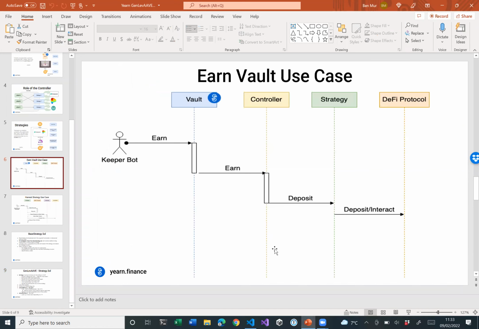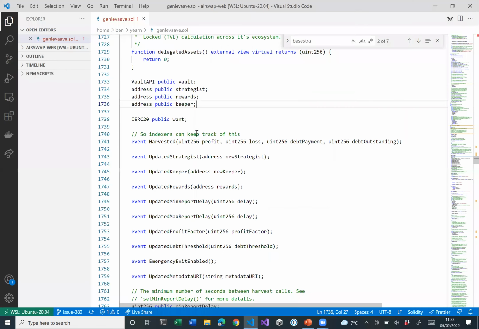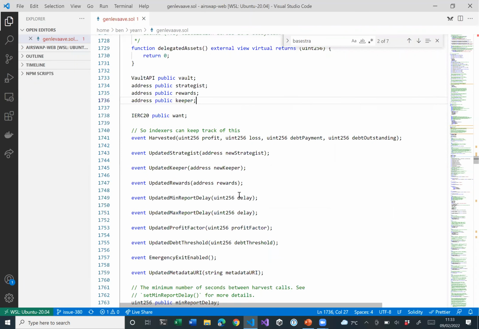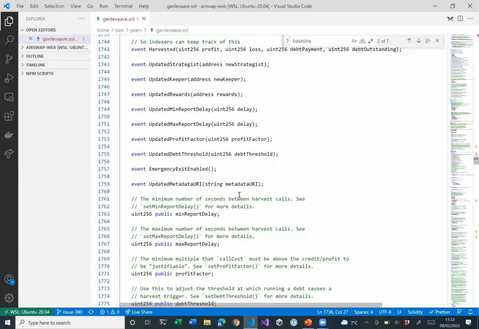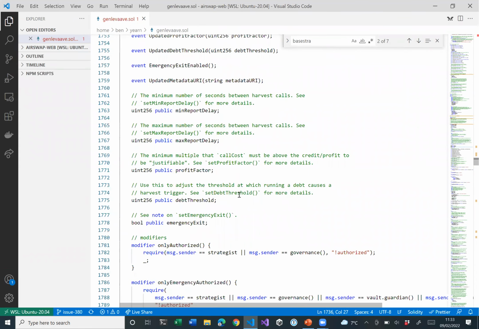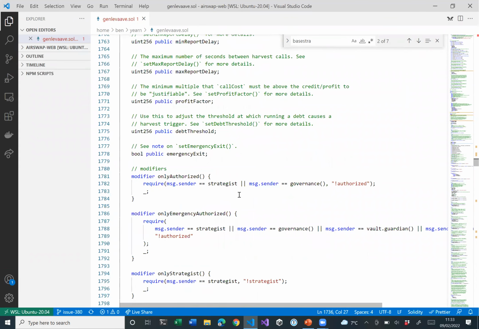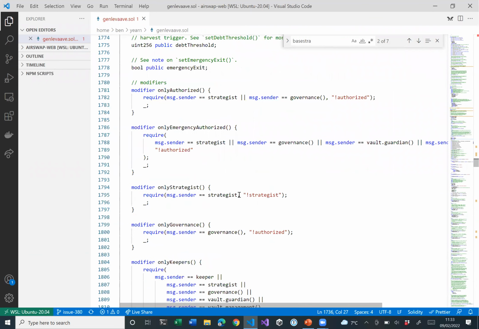So I'm guessing he's the controller of the vaults. This is your want token. Bunch of setters for the various addresses, the various actors that we need to make the strategy work. Bunch of modifiers.